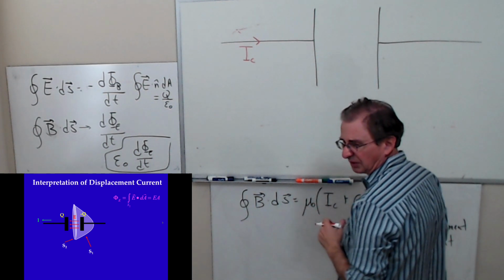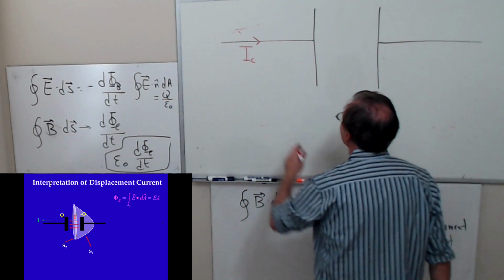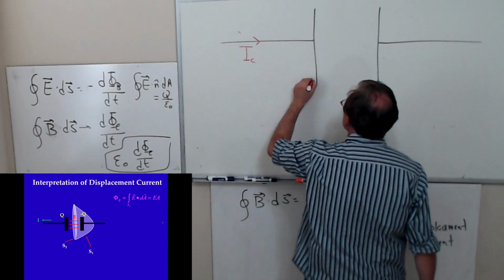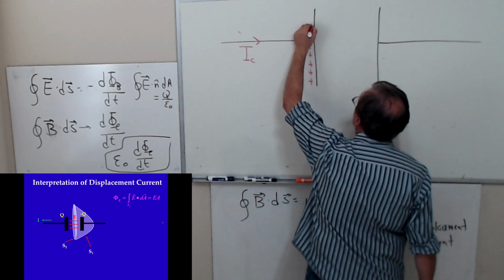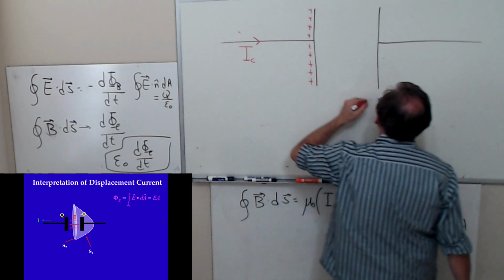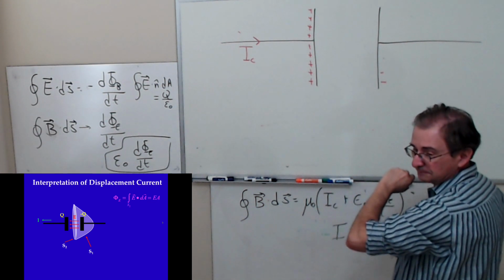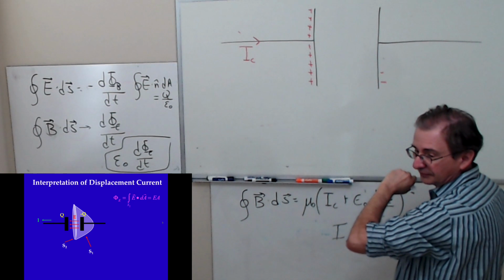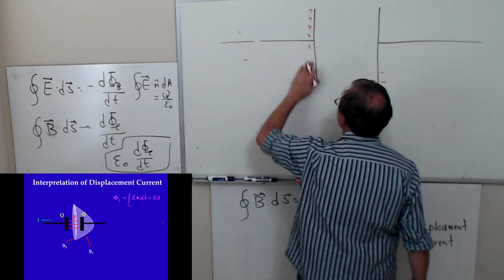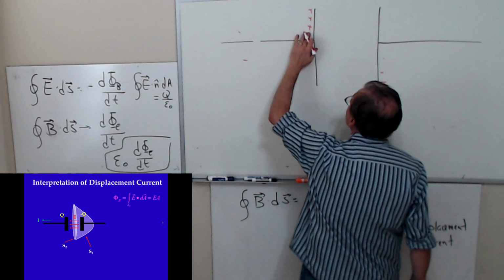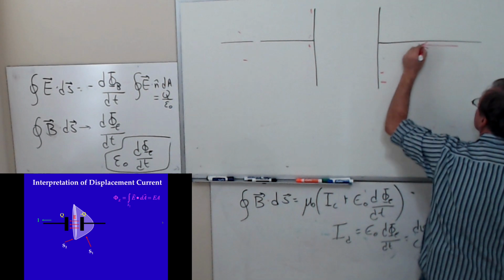Let's say this is positively charged, this is negatively charged. Never mind, the picture's okay. I have the current going this way in the picture.